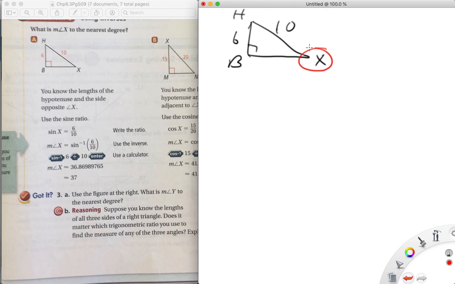We use inverse sine, cosine, tangent to find angles. I have the hypotenuse and I have the side opposite of this. So this is sort of a sine situation. Sine of x is going to be equal to opposite over hypotenuse, 6 over 10.